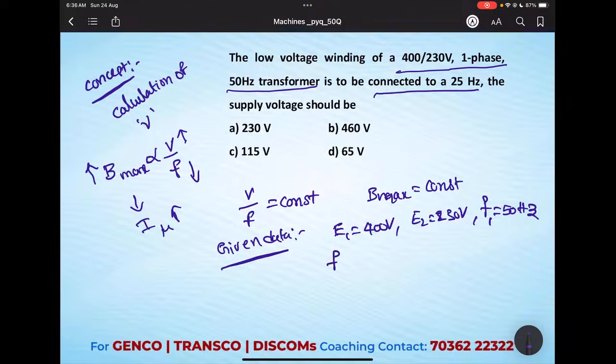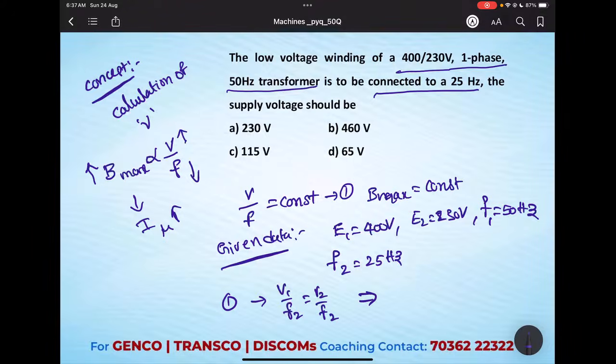Now they want to connect to F2 equal to 25 Hz. As I already explained, we need to maintain V by F as a constant, then only the transformer operation will be normal. Otherwise it may get damaged. Let's take it as equation 1. From equation 1, we can write V1 by F1 equal to V2 by F2.